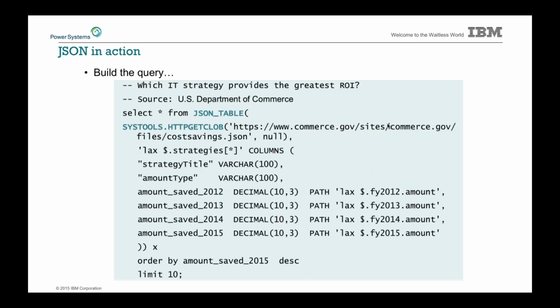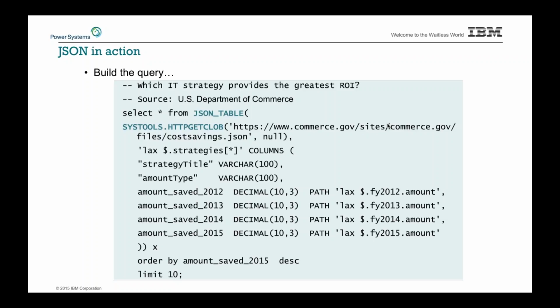The U.S. Department of Commerce put together a study of IT shops and where they've been saving the most money. They have an HTTPS feed that gives you a set of JSON data with this information in it.